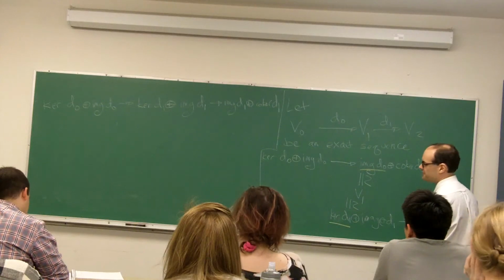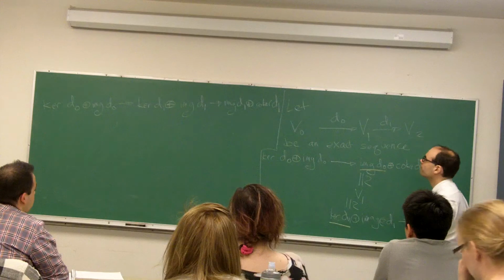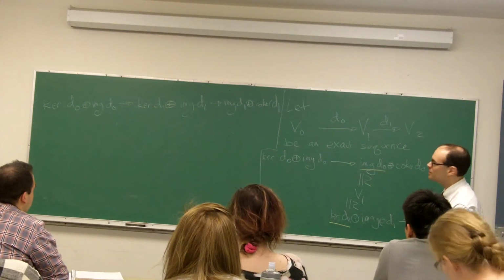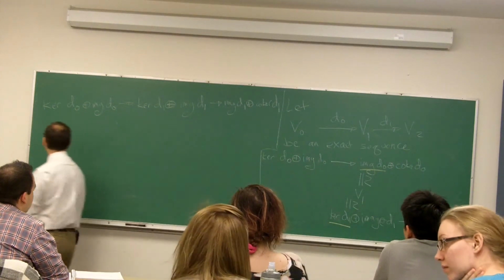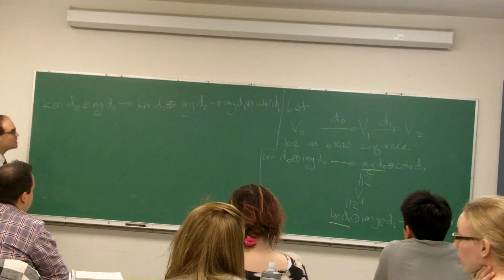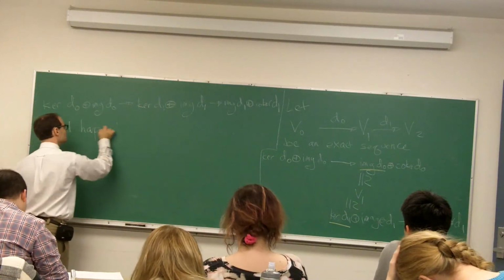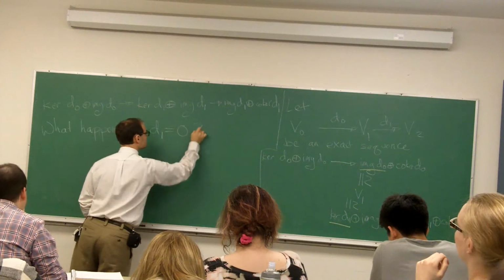Now, what happens if I do something really special to D1? Because you can see D1 is all over this thing. What happens if I assert that D1 is actually 0? It's the 0 map.